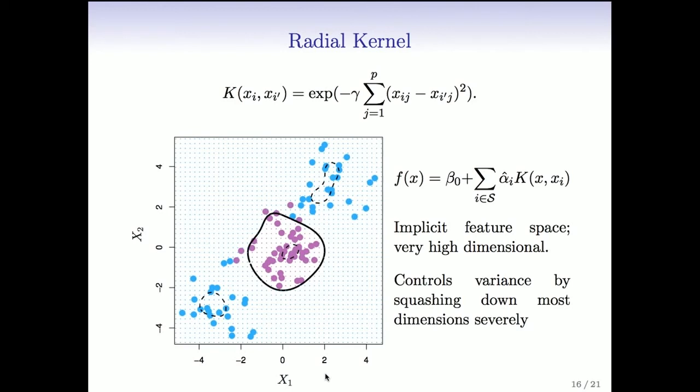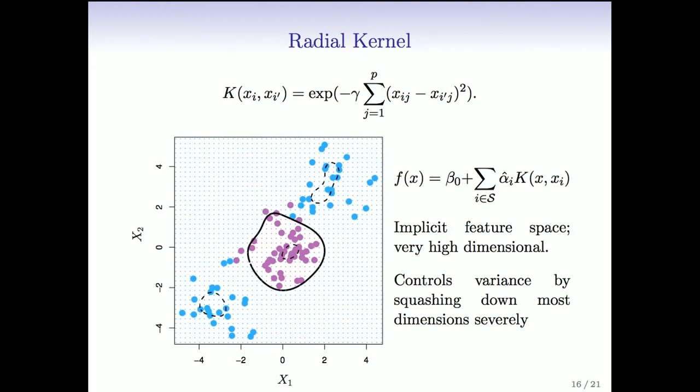Okay? So something's a little weird here. How can we fit models in an infinite dimensional feature space and not be overfitting the data? Well, it turns out that even though it's an infinite dimensional feature space, many of the dimensions are squashed down heavily, in fact almost down to 0. So it's a very high dimensional feature space, but most of the space is squashed down.